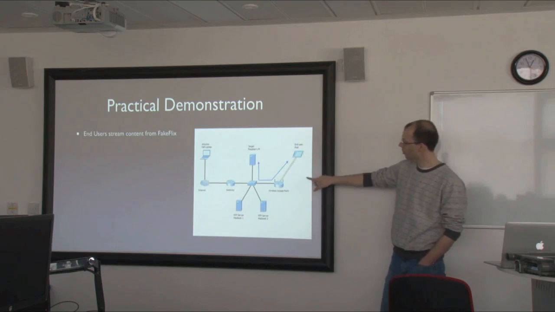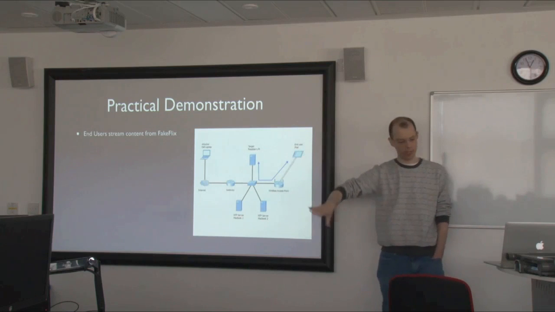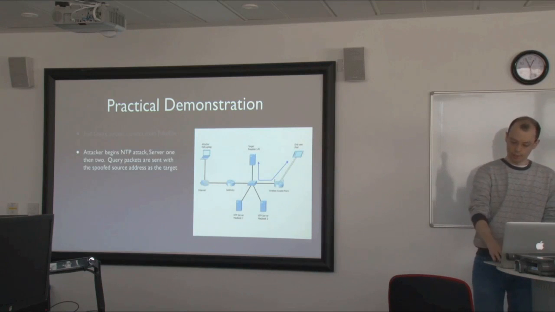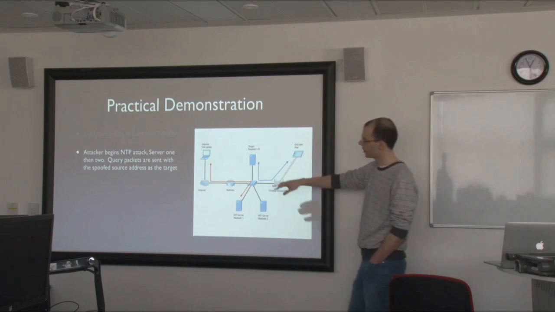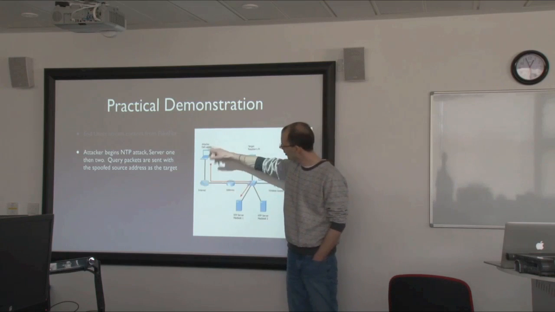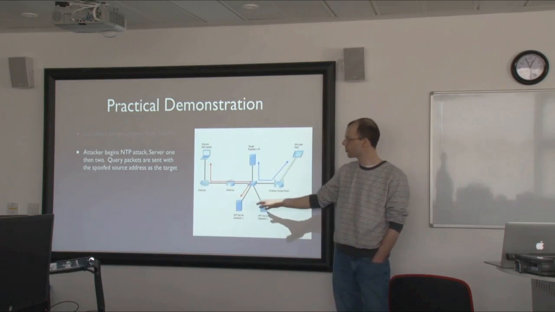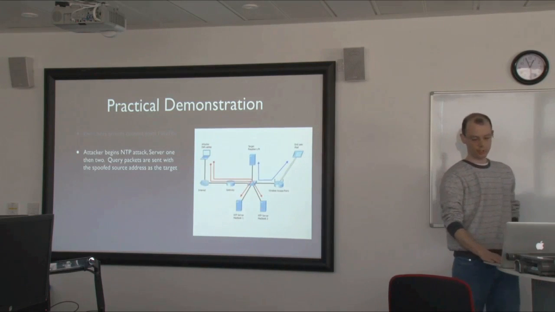Here's a schematic of kind of what we're talking about. You've got your end user on his iPad streaming from a hosted service, in this case Netflix. The attacker, which is my, it was a Dell laptop, but I don't have that. The attacker will bounce its traffic to the two time servers through the internet.